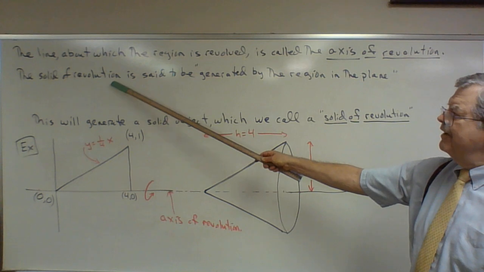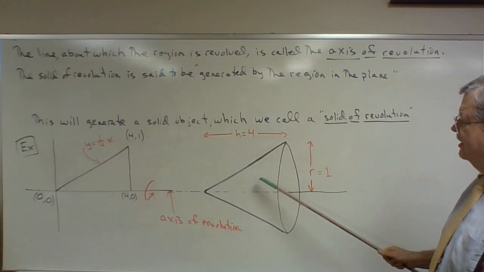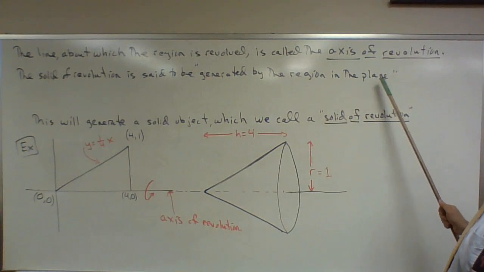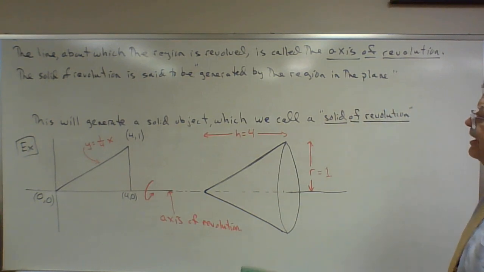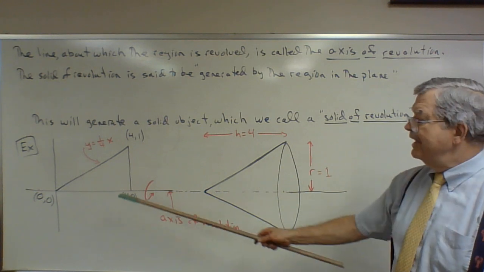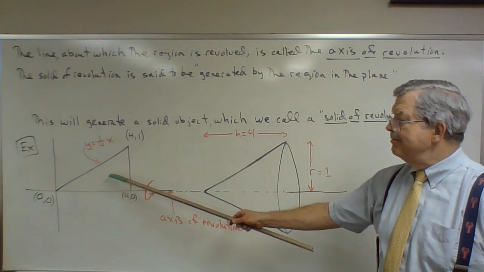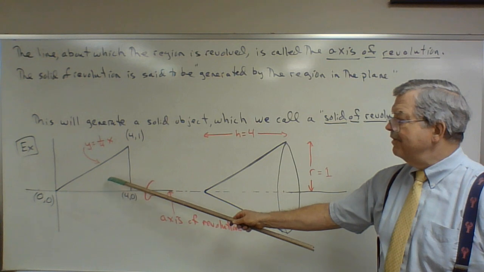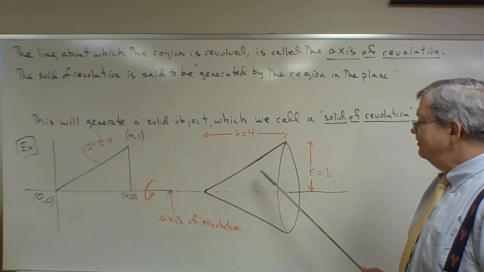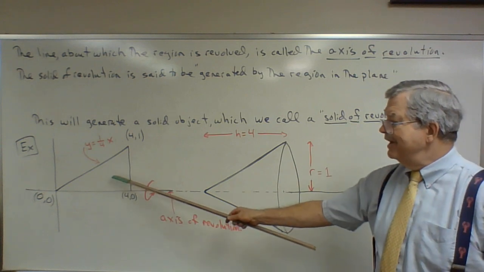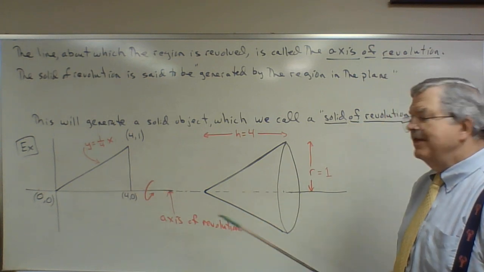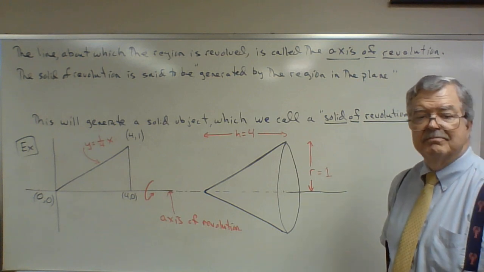The solid of revolution, in this case the cone, is said to be generated by the region in the plane. So this cone is generated by the region bounded by the lines of the triangle in the plane, or this cone is generated by revolving the triangle about the axis of revolution.